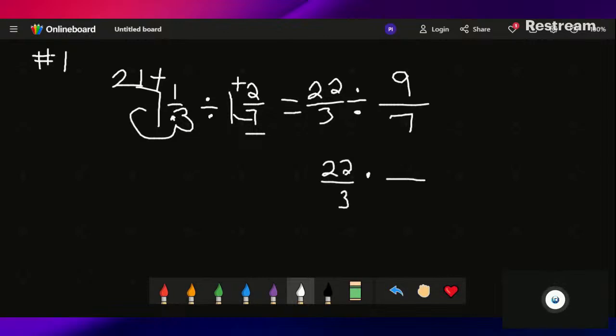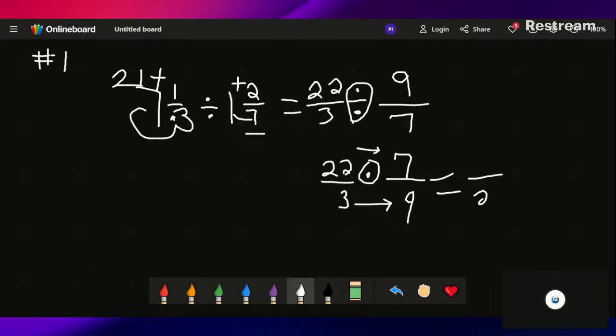However, as you see, we change the symbol from the division to the multiplication because we are about to flip this number upside down. And that is the most key part when you're doing division, is that you're going to do a flip. You're going to multiply the 3 times 9 and 22 times 7.